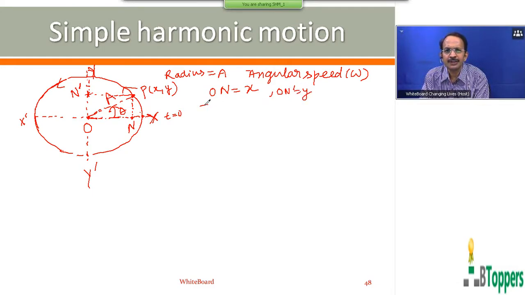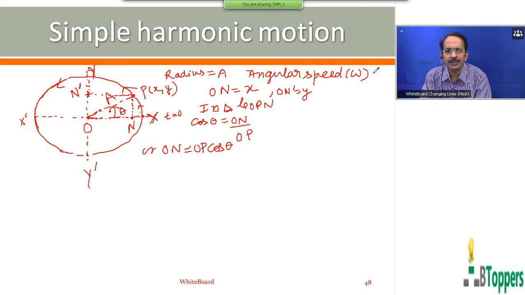So from the figure, in the triangle OPN, cos theta can be written as ON by OP, or you can write ON equal to OP cos theta. Theta is the angular displacement of the particle moving in the circular path in a time interval t.